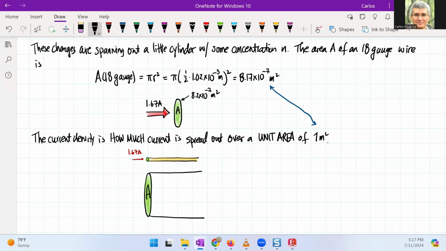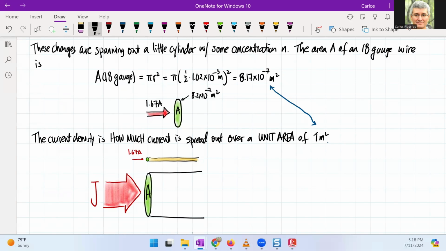So when I look at the current density, it is going to be on the order of 1,000,000 amps. So this guy is huge.